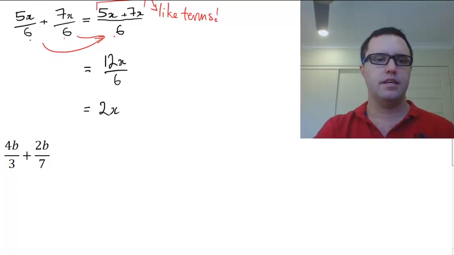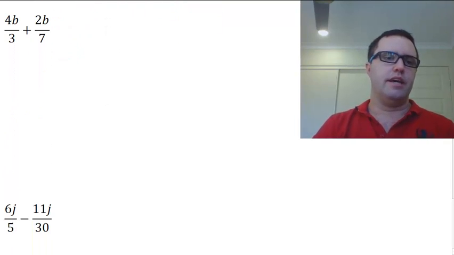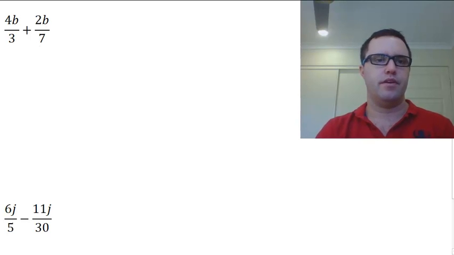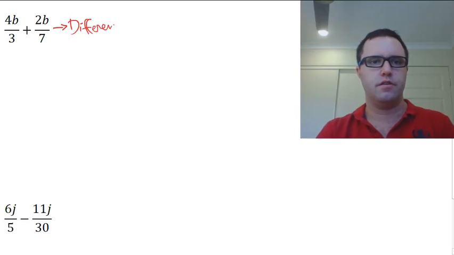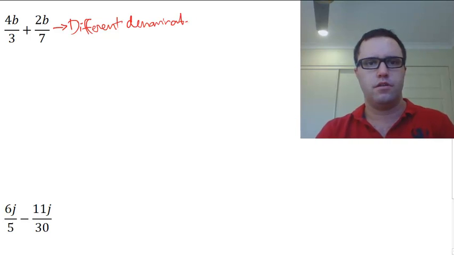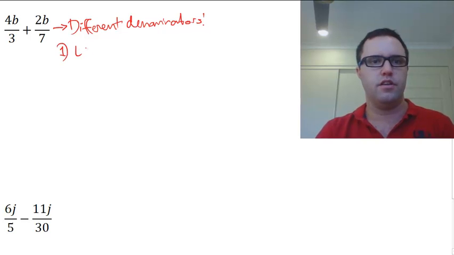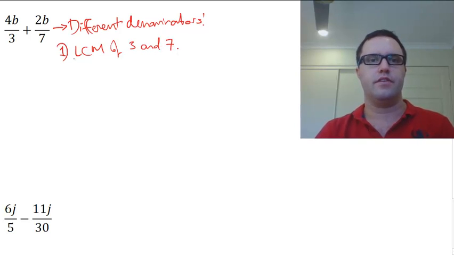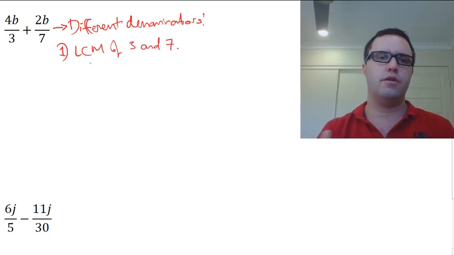All right, here's another example. We're going to have a look at 4b over 3 plus 2b over 7. Okay, so here we have different denominators. So the first thing we need to do is find the lowest common multiple of the denominators, of 3 and 7.